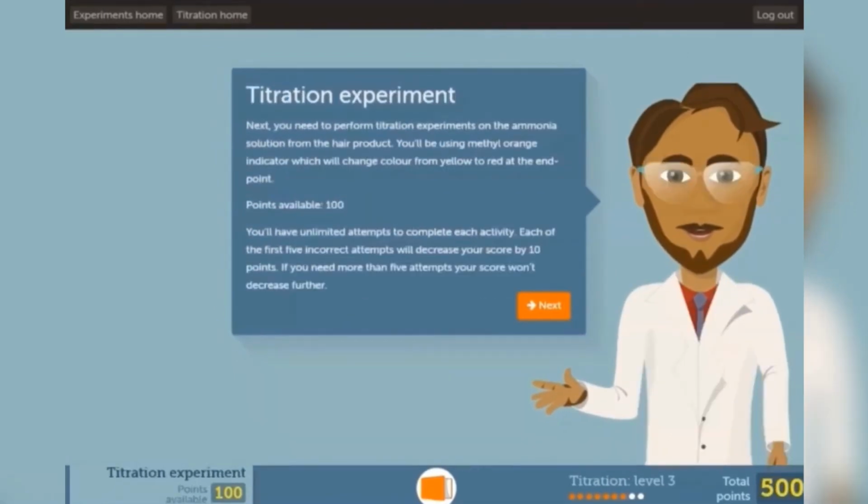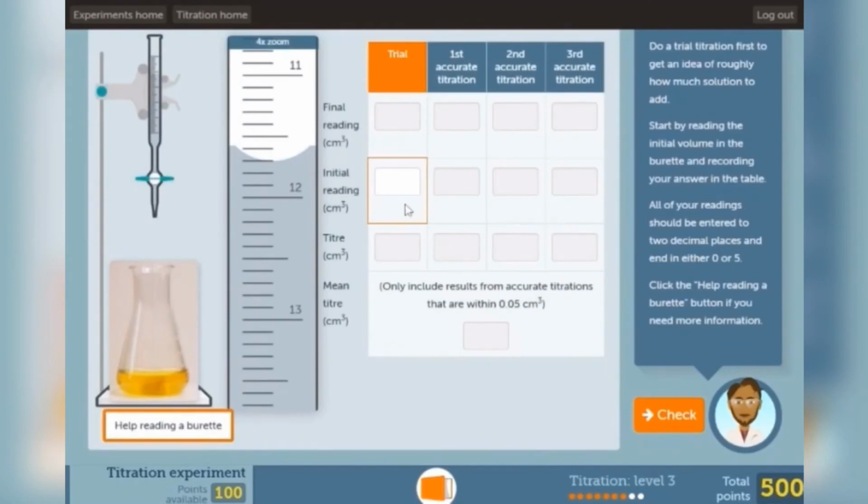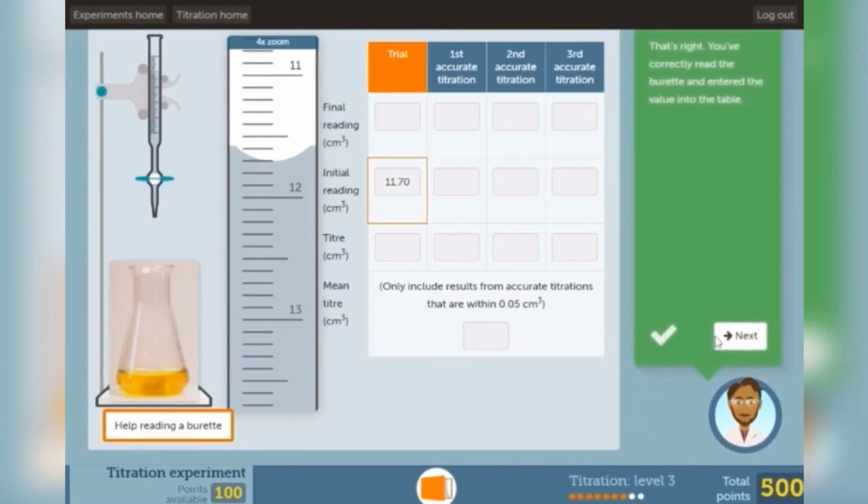We need to perform titration experiments on the ammonia solution from the hair product. Do a trial titration and start by reading the initial volume in the burette. We get 11.70 cm³ for the initial volume in the burette.